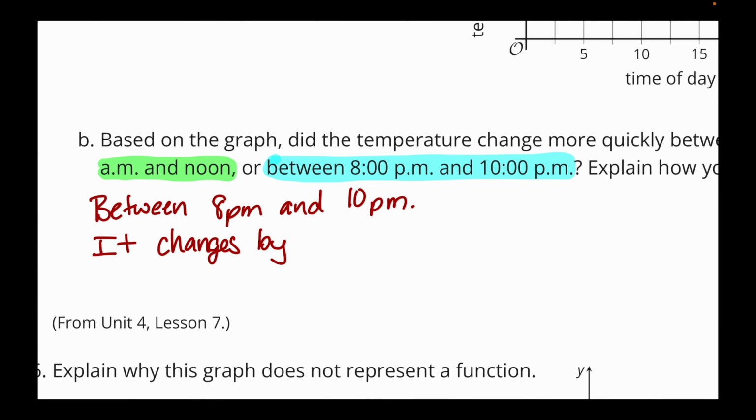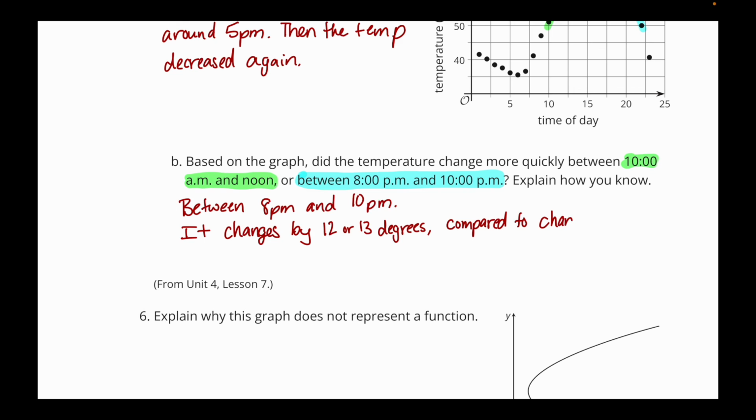It changes by 12 or 13 degrees compared to changing 10 degrees over the same number of hours.